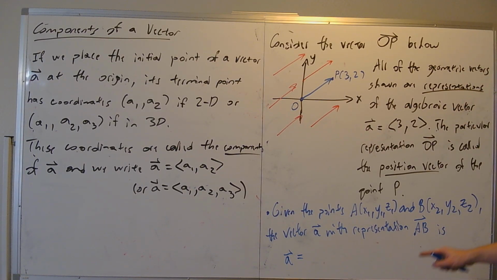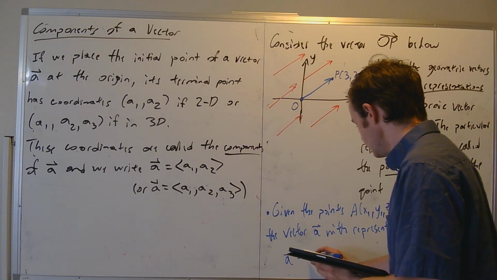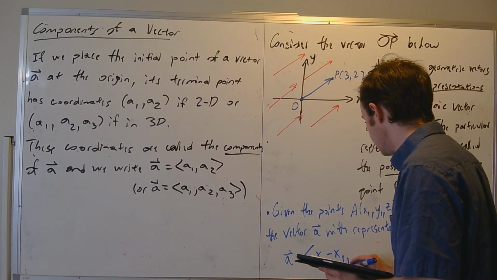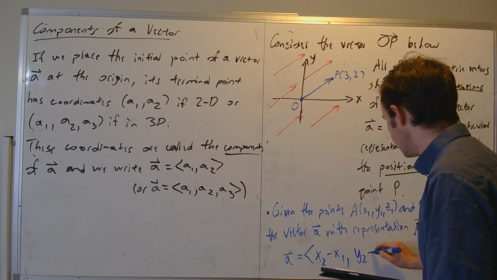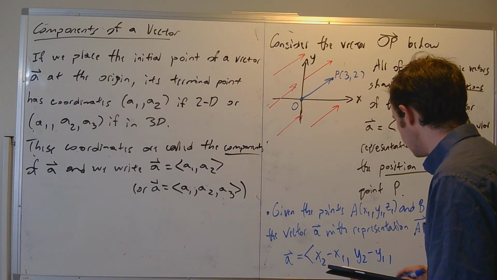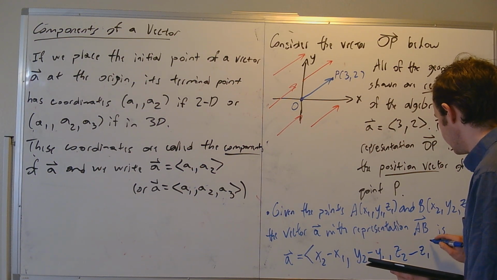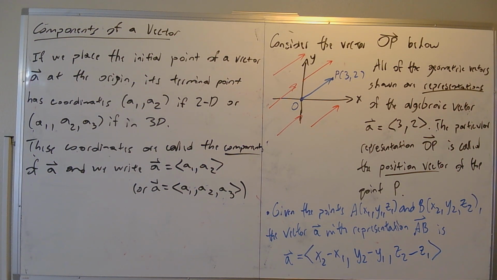So the way we do that is we take the final point and we subtract the initial point, right? So our vector here is going to be x2 minus x1, comma, y2 minus y1, comma, z2 minus z1. Right? So the way that we find the vector with this representation between the 2 points is just by taking the second point and subtracting the first point.